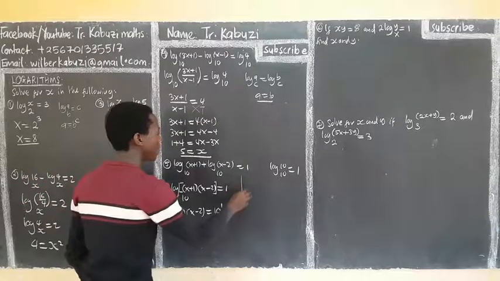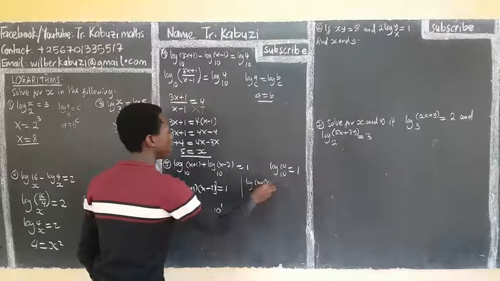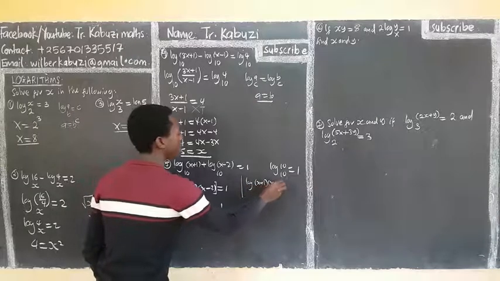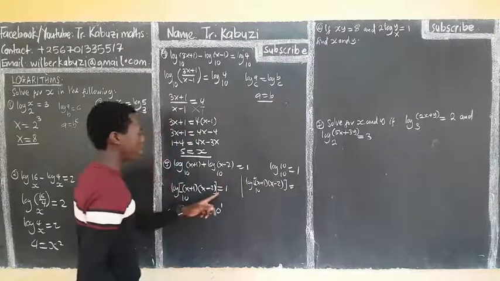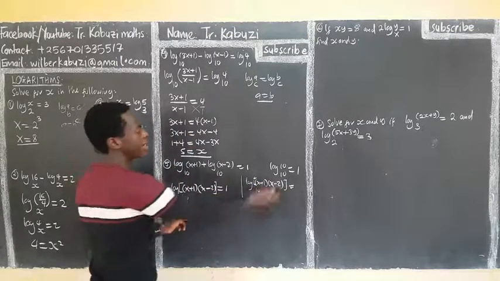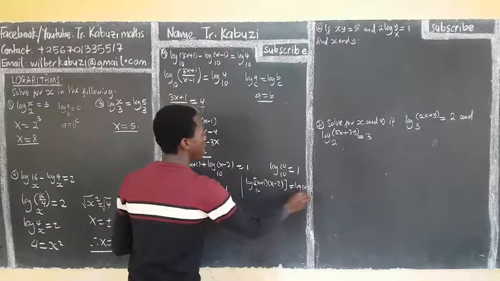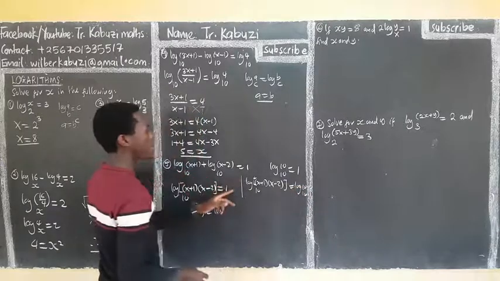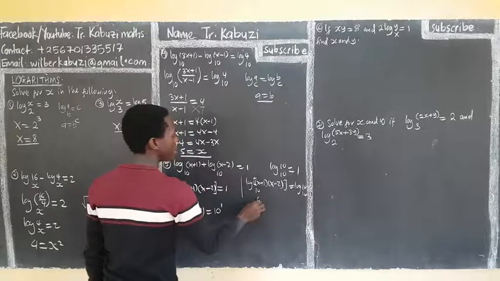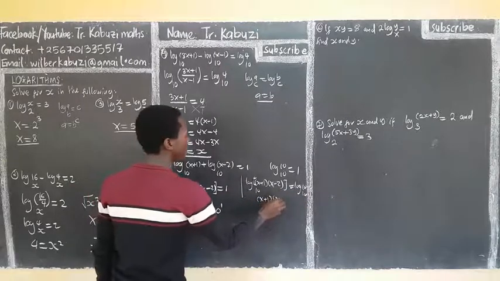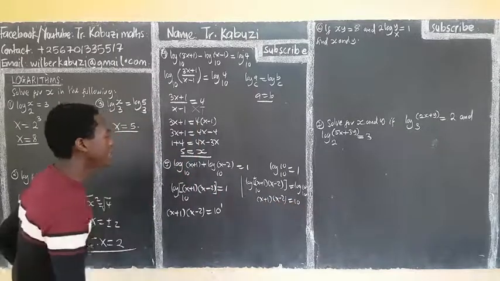Or someone will say from here log of (x plus 1)(x minus 2) is equal to log 10, because it will be 1, which will be the same there. Then you say same base, means this is equal to this. So (x plus 1)(x minus 2) will be equal to 10, as you see in that step.